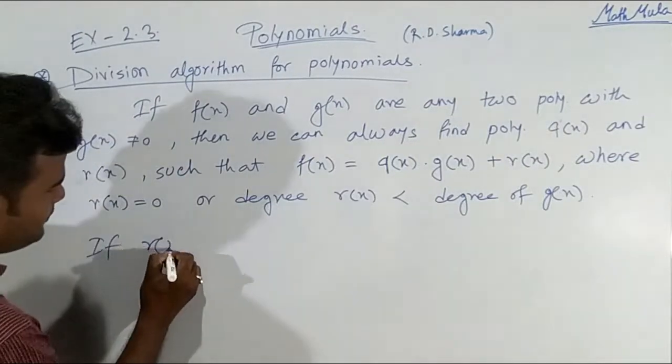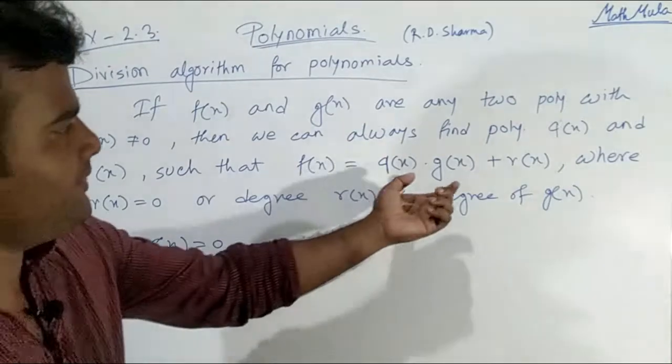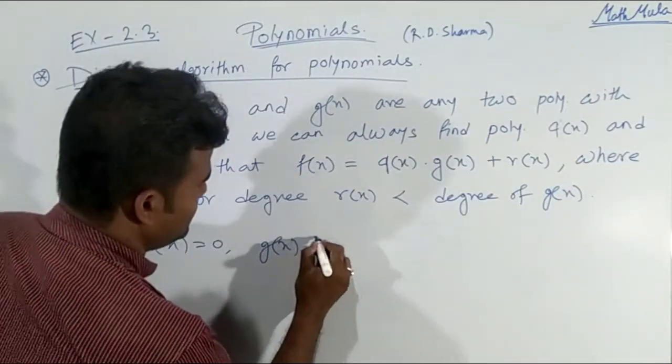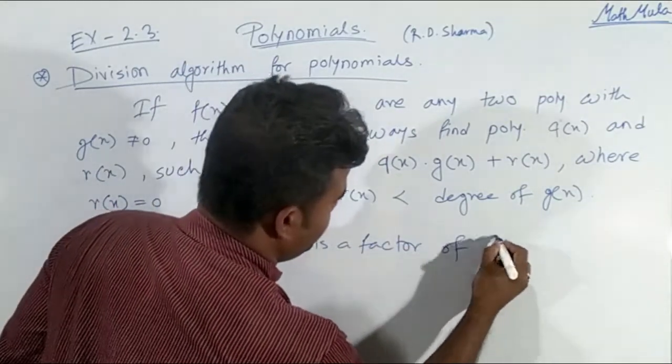If r of x equals 0, then g of x is a factor of f of x.